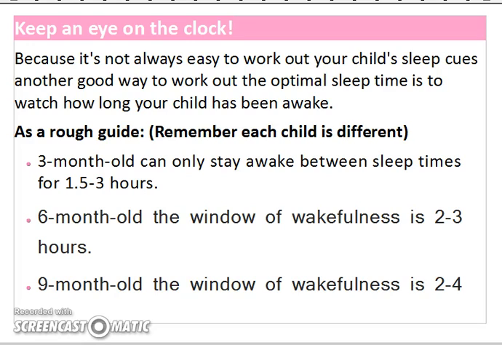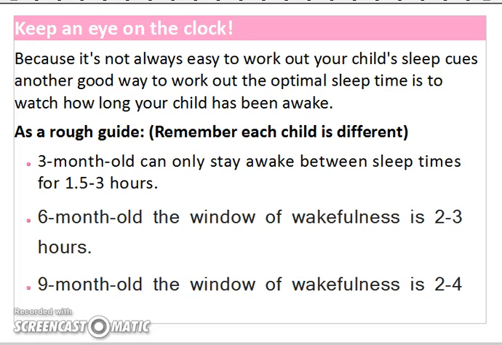in one go. As a rough guide, a 3-month-old can only stay awake between going to sleep and waking for 1.5 to 3 hours. So if your child's just woken up, make a mental note of the time, or even write it down until you get a bit of a feel for it. Just start watching for those sleep cues and the behaviour changing.